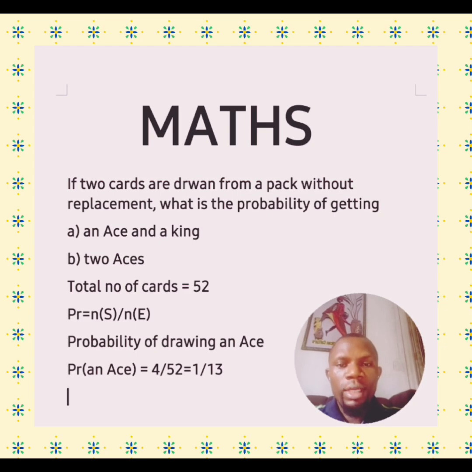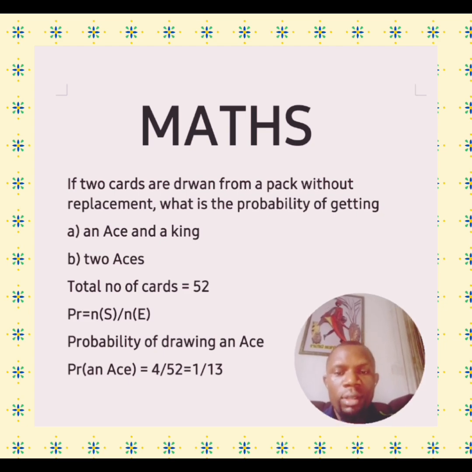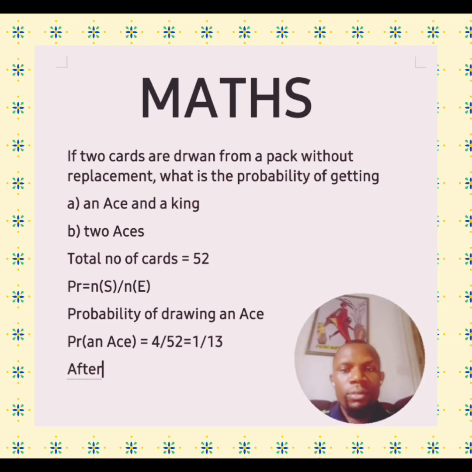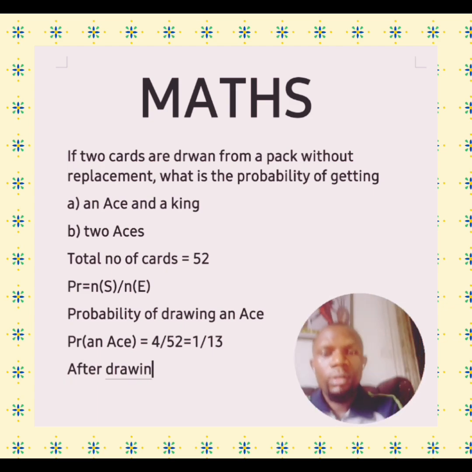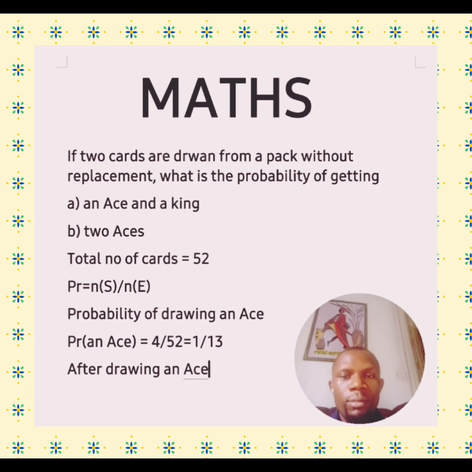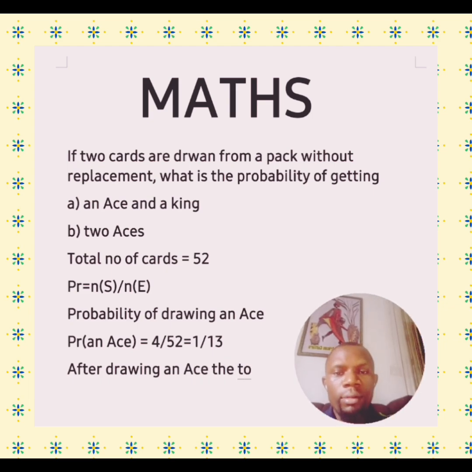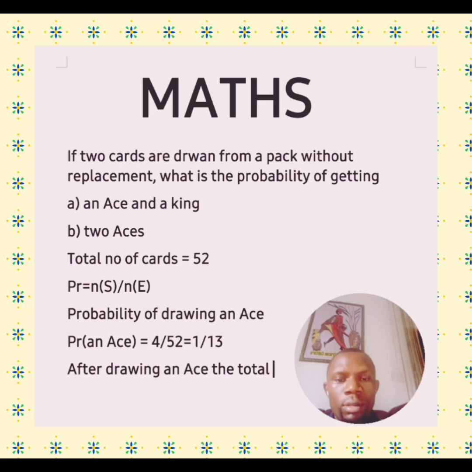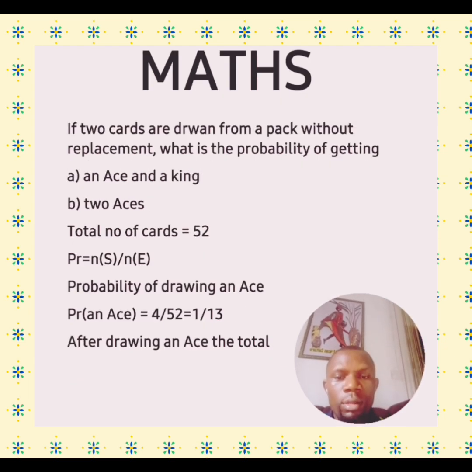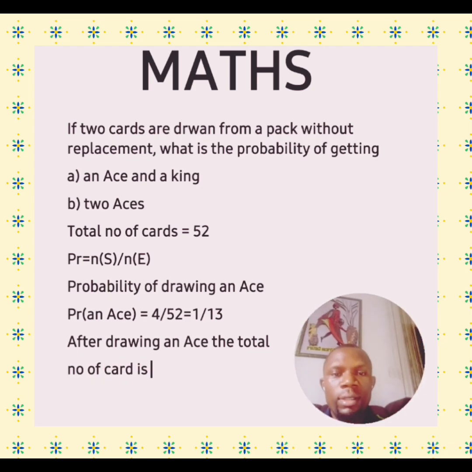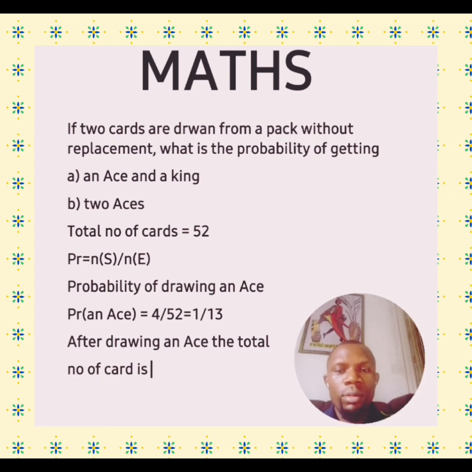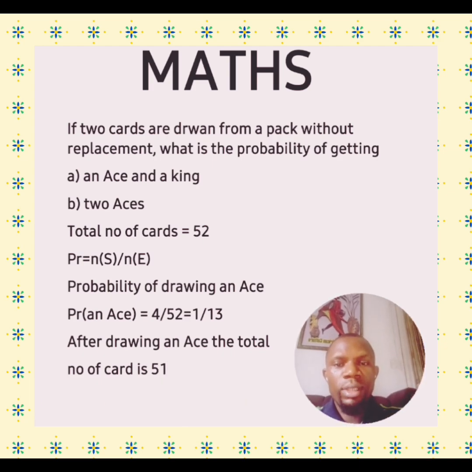So after drawing an ace, the total number of cards will reduce to 51. Very, very important. So after drawing an ace, the total number of cards is 51.